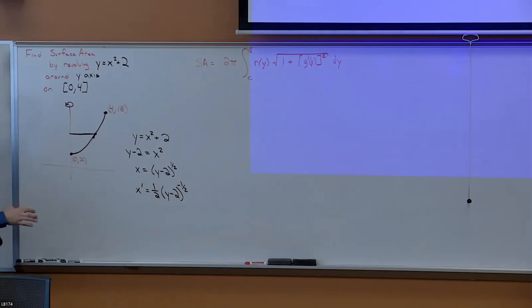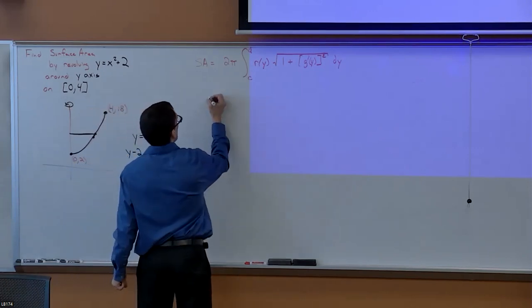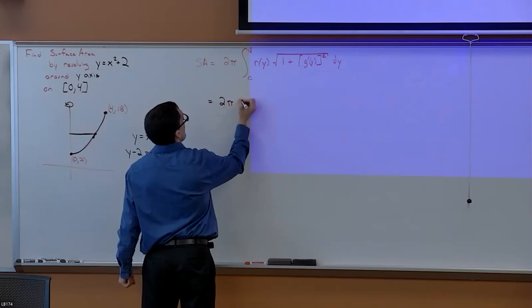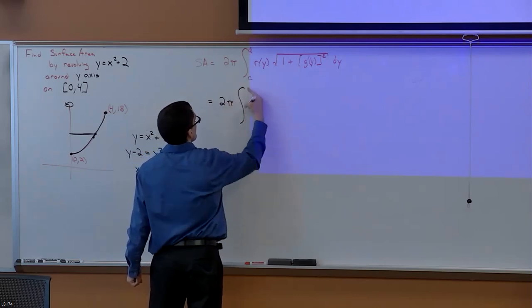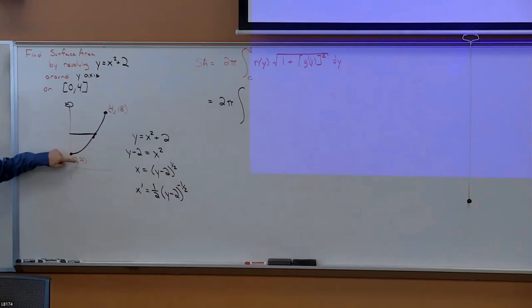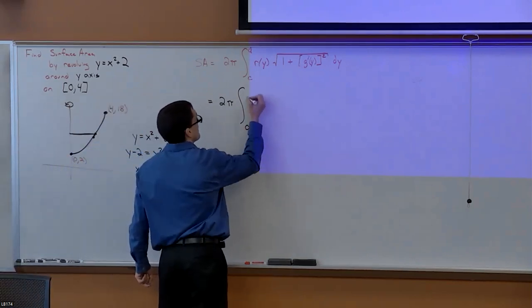Any questions about that so far? All right. So if I want to find surface area where I integrate with respect to y, my lower y bound is 2. My upper y bound is 18.